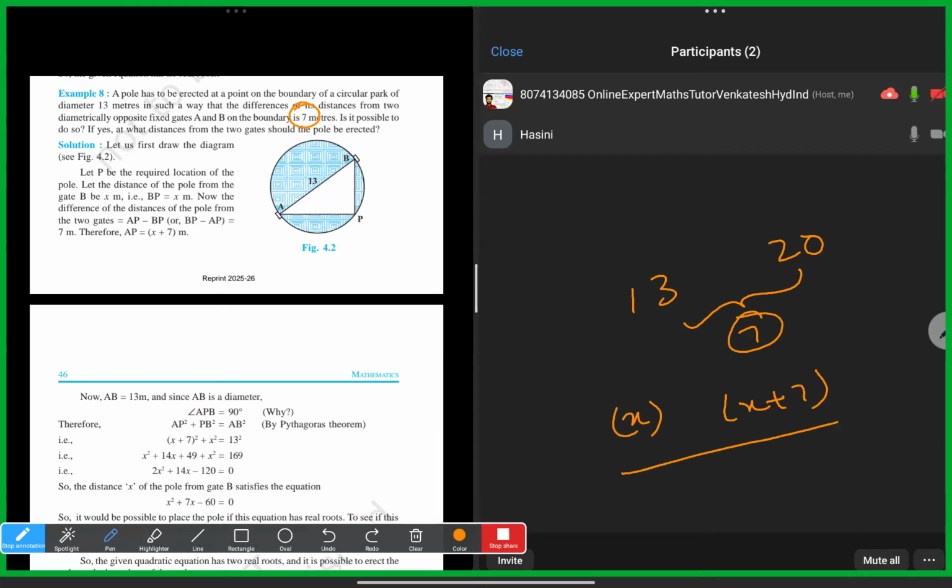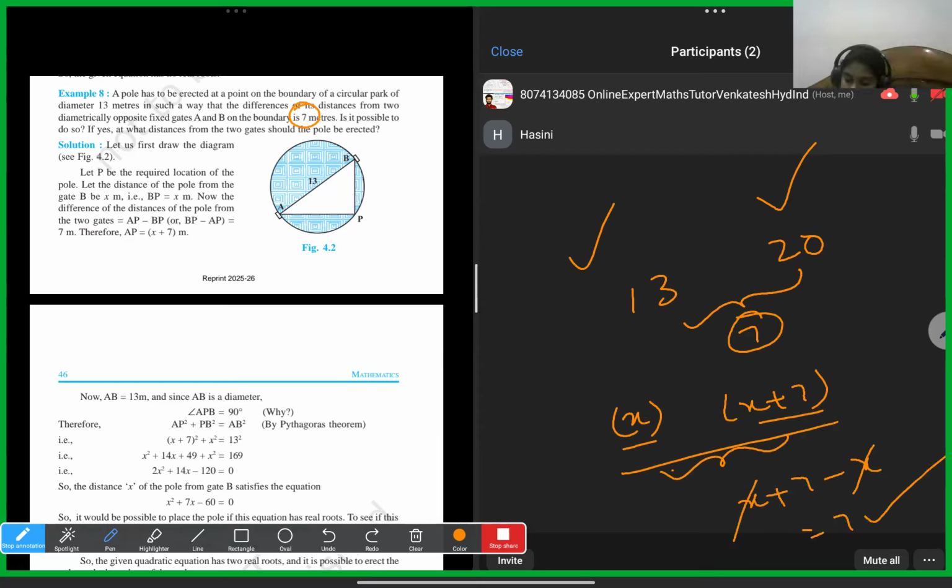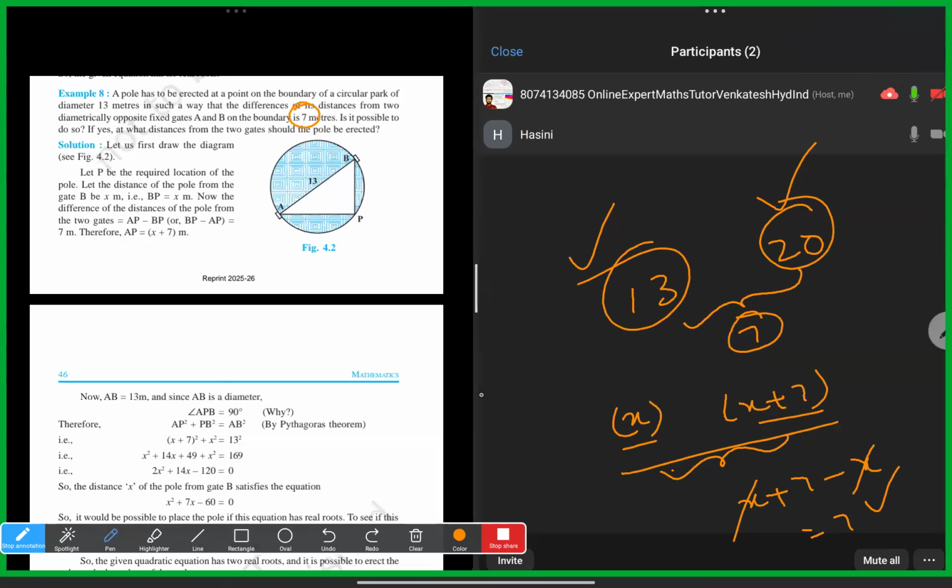If the difference is 7, you got 20 and your friend got 13, so I can take the values as x and x plus 7, because if you do x plus 7 minus x, you get 7 again. If your friend's marks are 13, yours will be 13 plus 7, and 13 plus 7 minus 13 gives 7 only.